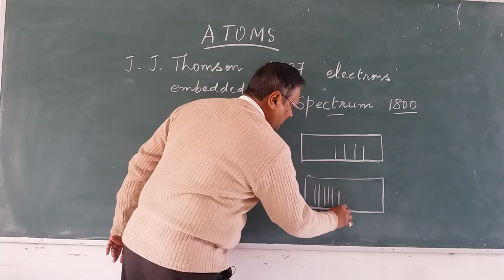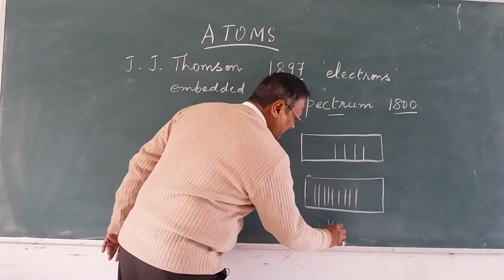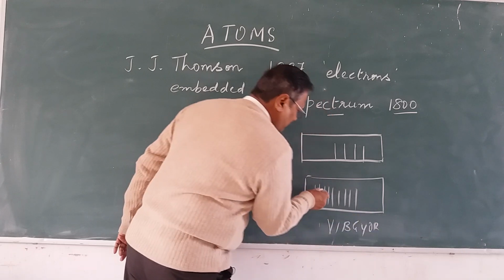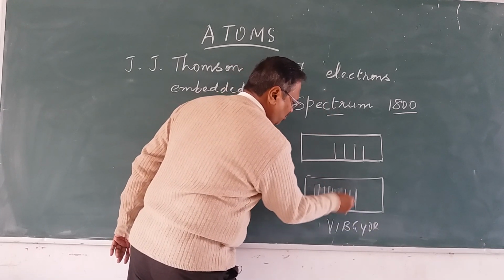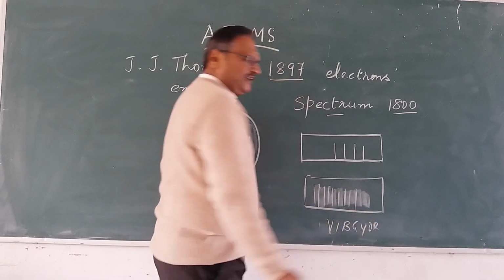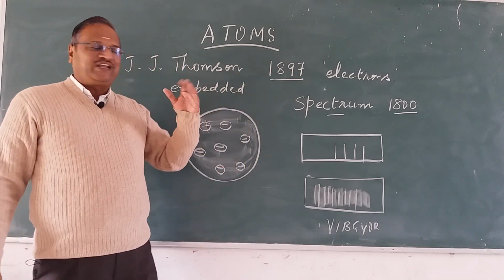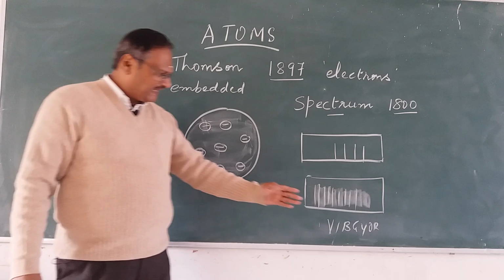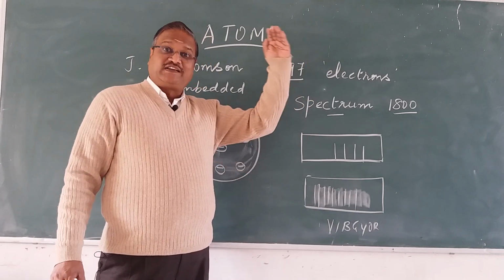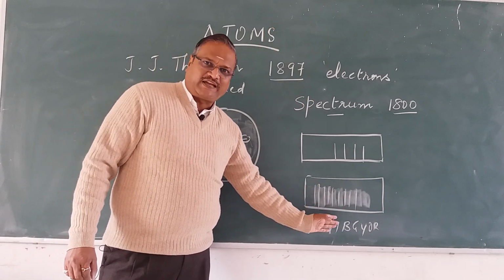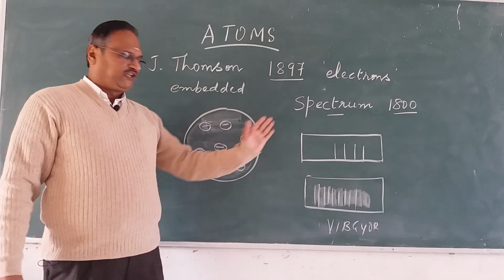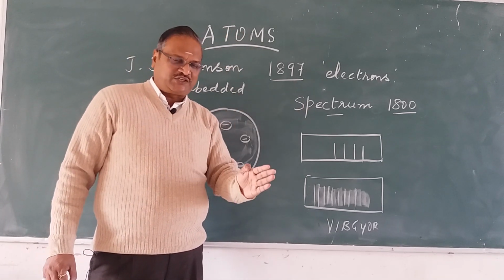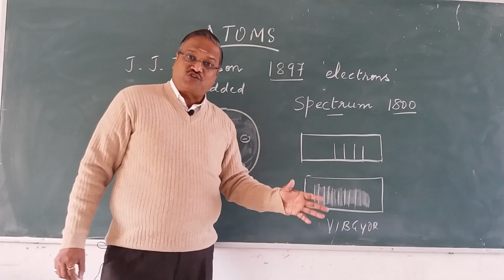The colors are violet, indigo, blue, green, yellow, orange, red, and all the colors merge with each other, just like a rainbow. In a rainbow the colors merge, and the spectrum you obtain also has continuity, with no perfect demarcation. That is called continuous spectrum.